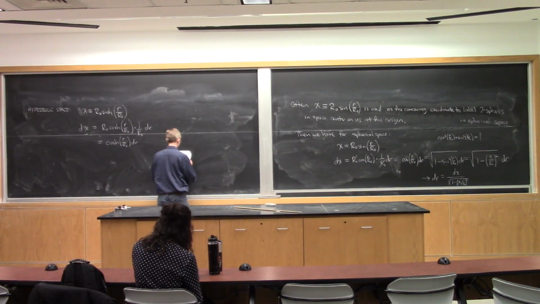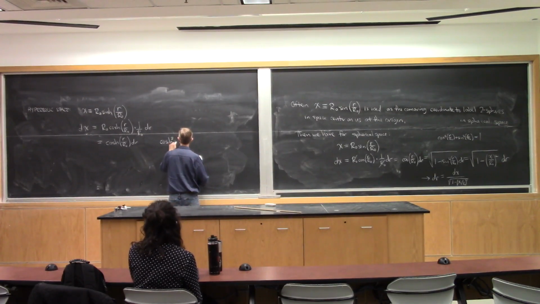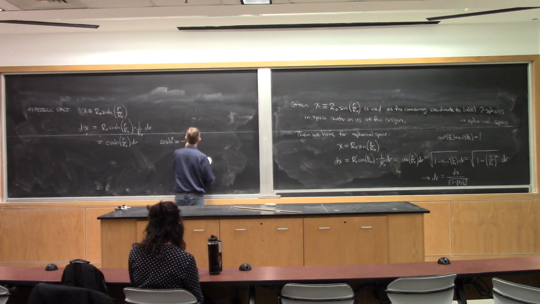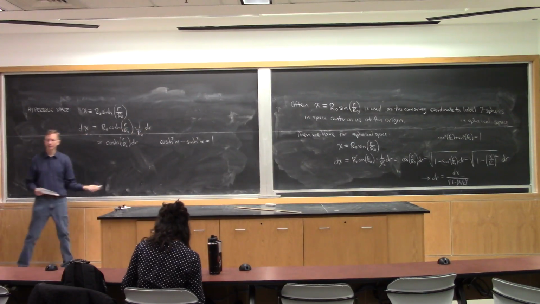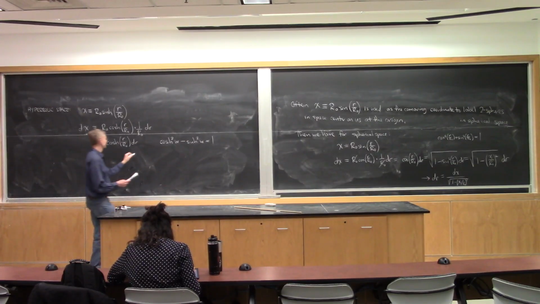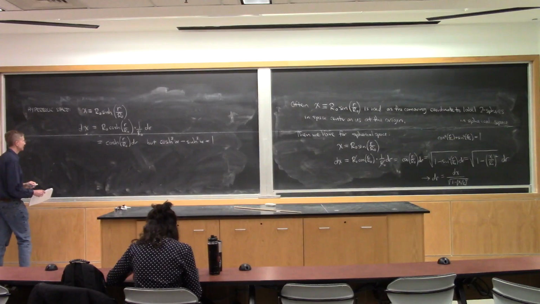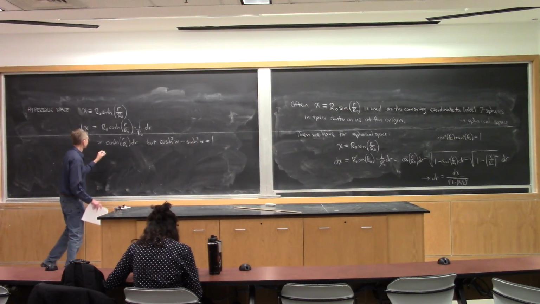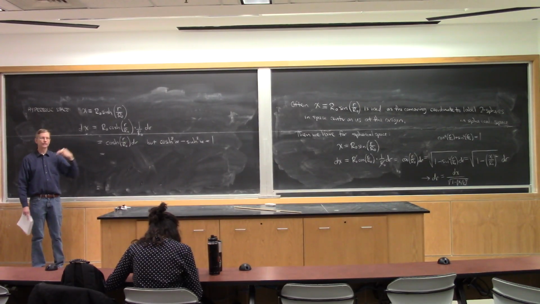But now I'm going to use the identity, which you can prove to yourself using the definitions of sinh and cosh, that cosh squared w minus sinh squared w is equal to 1. Instead of plus, it's minus with sinh and cosh. So I can replace cosh with the square root of 1 plus sinh squared.